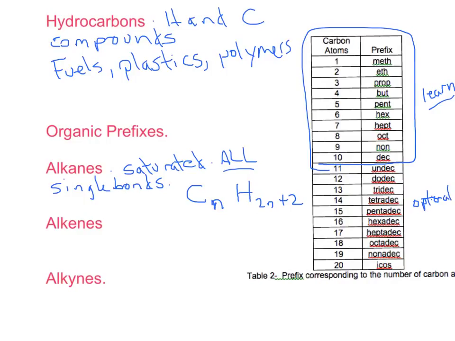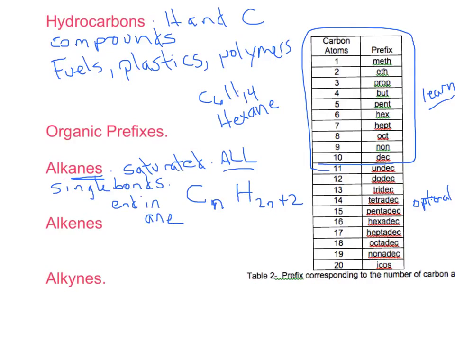For example, a 6 carbon, C6, should be H, 6 times 2 is 12, plus 2 is 14. And its name would be hexane. Hex, that's the prefix, and then just end it with ane. So this is the suffix, ane. All end in ane.